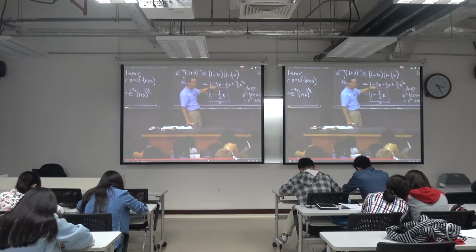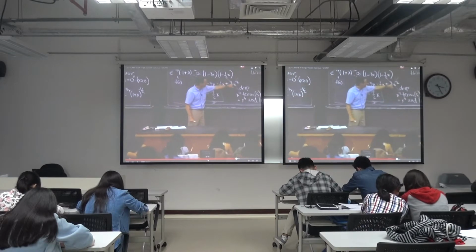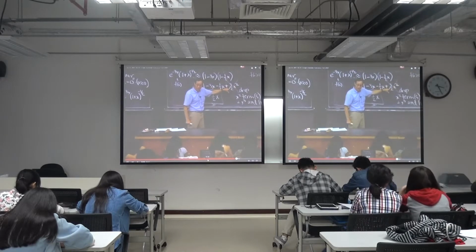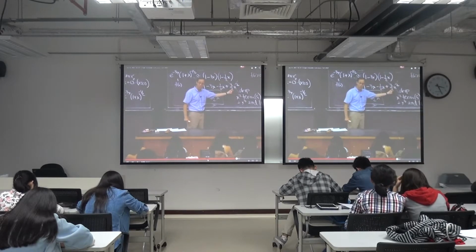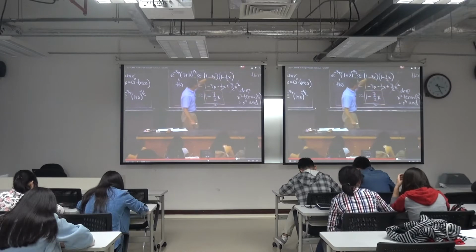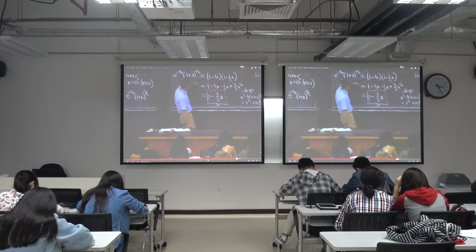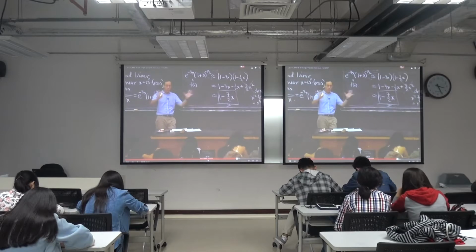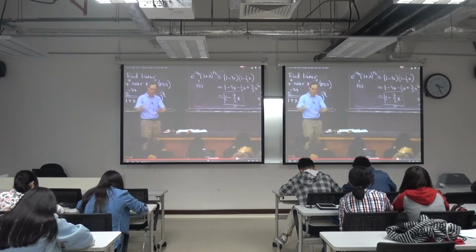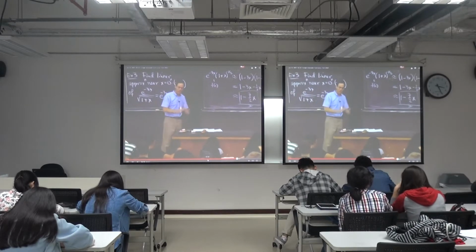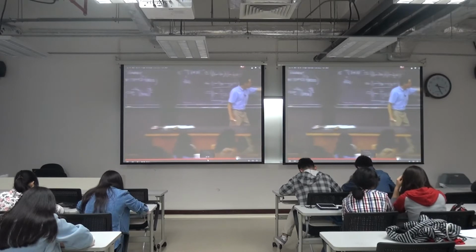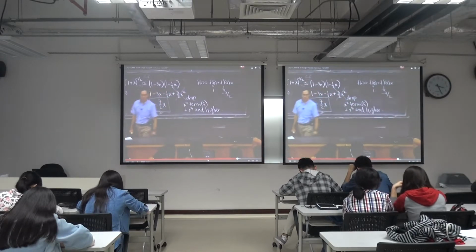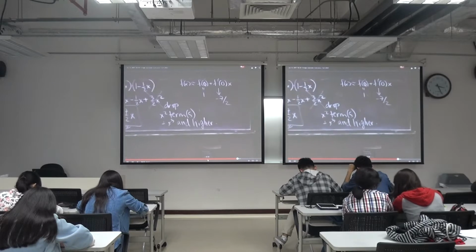You differentiate this and plug in x equals 0, this term still drops out because it's just a 3x. And similarly, over here, it goes away. So the higher order terms never influence this computation. This just captures the linear features of the function.